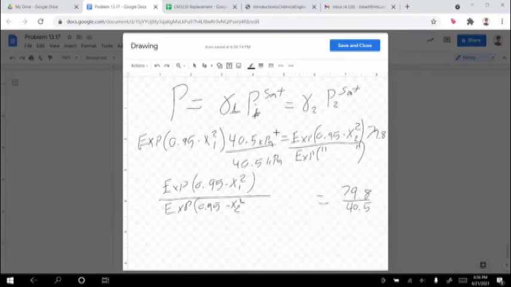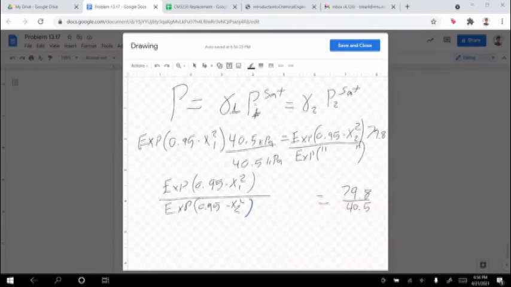One of the laws that we know from calculus is that when you have an exponential divided by an exponential, you can rewrite it as whatever is inside of this expression minus this one, all within the exponential bracket. Another thing that we can do is simplify this.